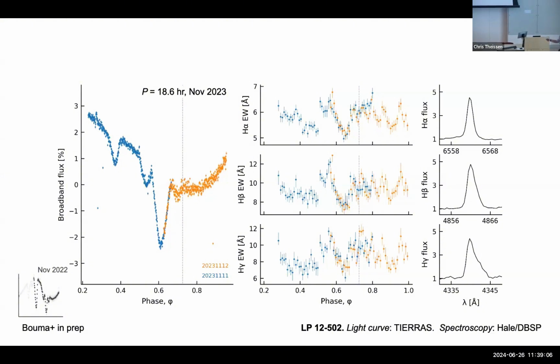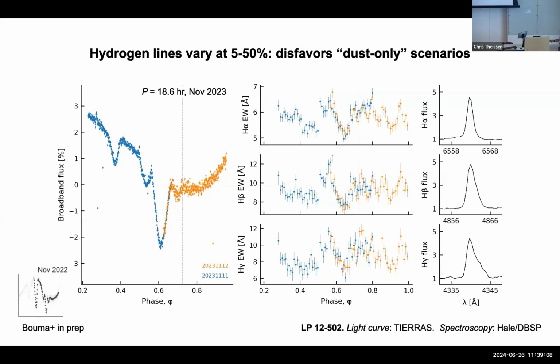I don't have any models to show you today, but what we're seeing is an order of magnitude larger variability in the Balmer emission than in the continuum emission. It seems like there's no way to do that with dust alone. You need to invoke circumstellar plasma. So that's, I think, a pretty good argument for why there needs to be plasma clumps in these systems.